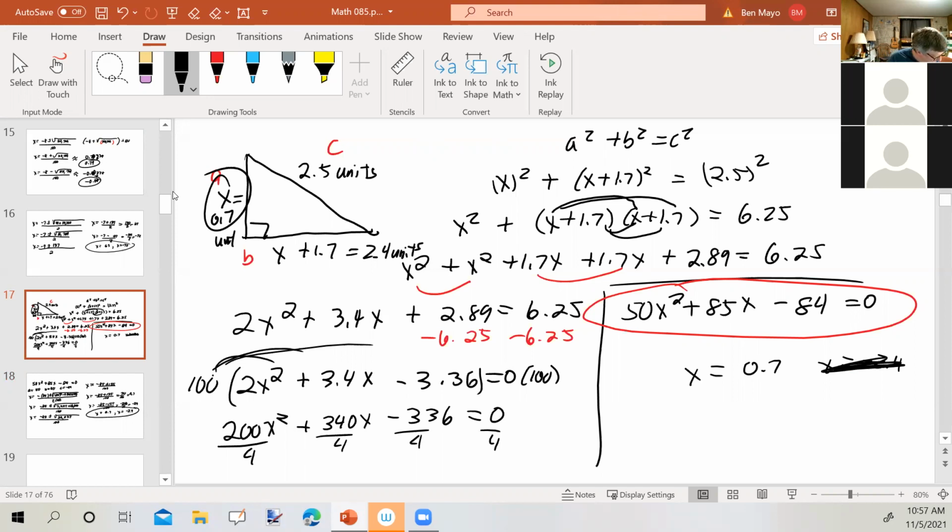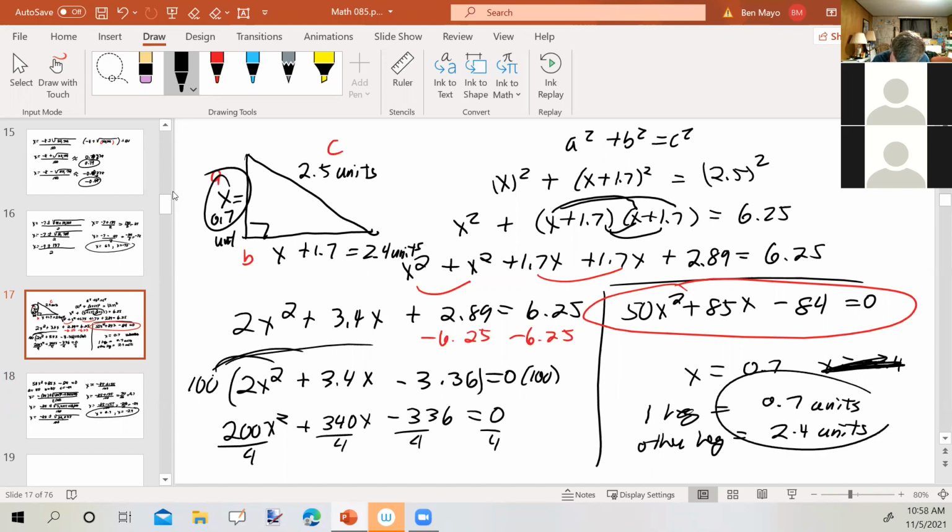So the question of find the lengths of the legs: one leg equals 0.7 units, other leg equals 2.4 units. And there we have that problem.